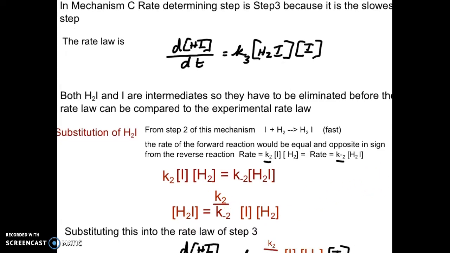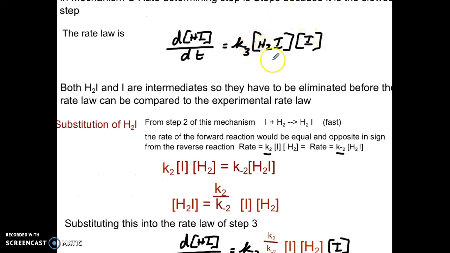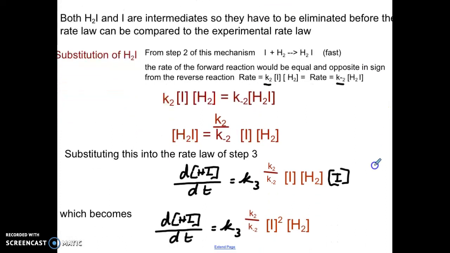Now solving for H2I, you'll notice that H2I is equal to K2 over K2 minus, times I times H2. And then, just like I said I was going to do up here, I'm substituting in all of this for the H2I. And when I do that, that's what's coming right here.